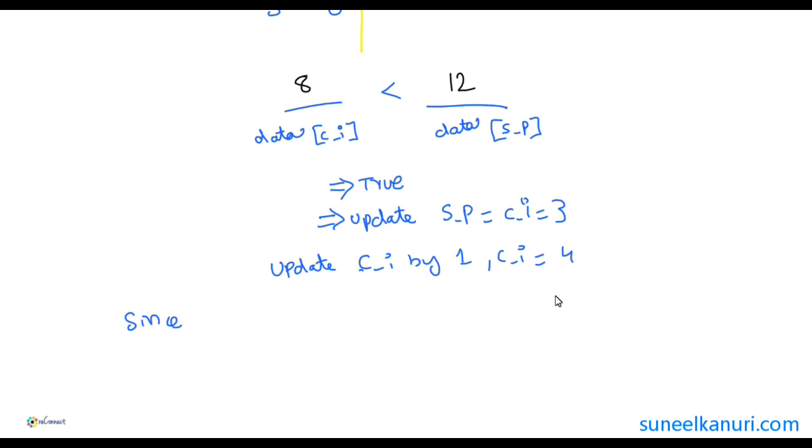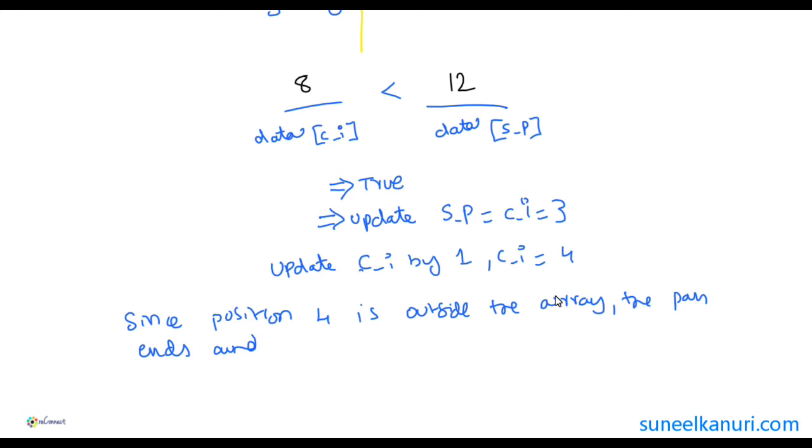And since position 4 is outside the array, the pass ends and swap is performed.